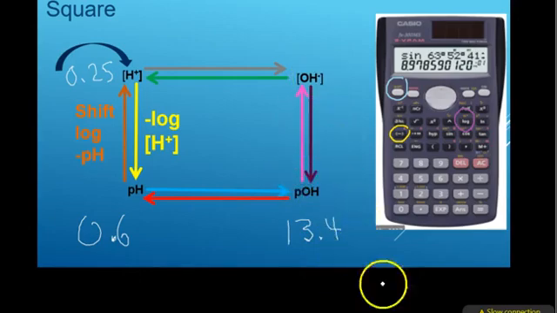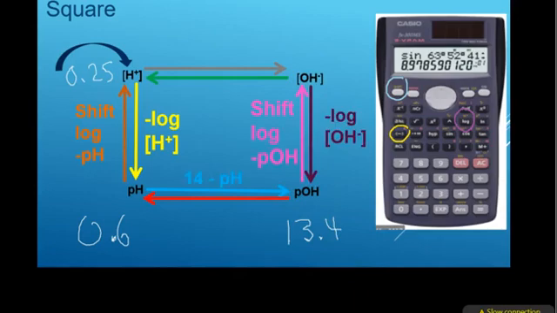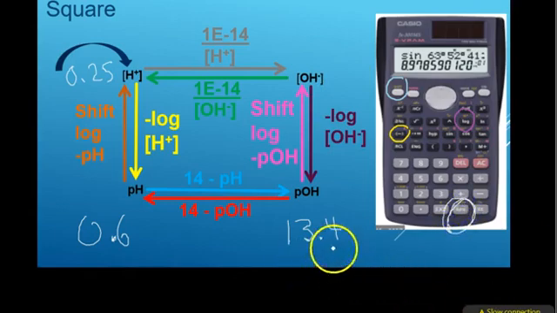Now I want to go up. I'm going to just fill in the whole thing for you. I'm going to take the shift log of the negative pOH. So the shift button, log button, negative answer button. On my calculator there's an answer button here that I use. On the Texas Instruments, it's a shift, and above the negative sign, I believe, is where your answer button is.